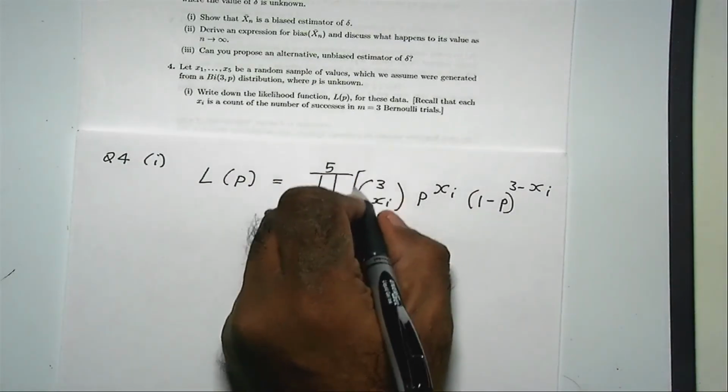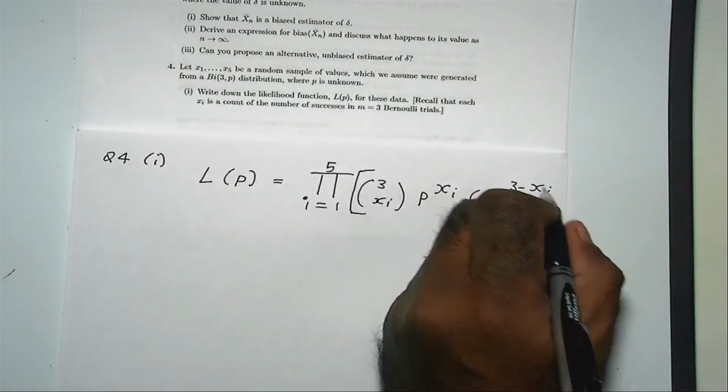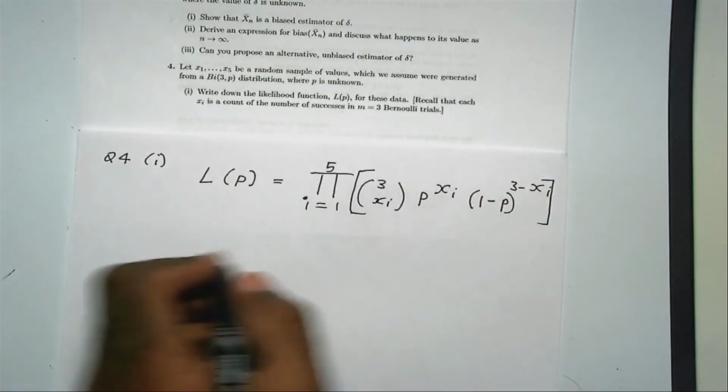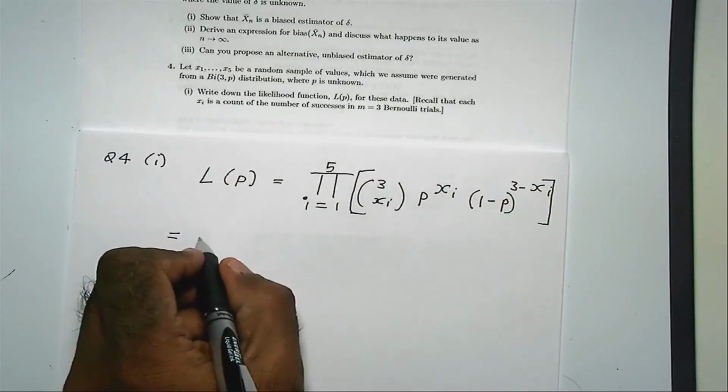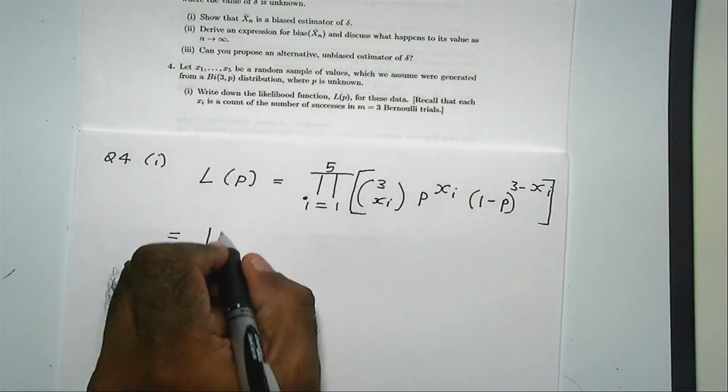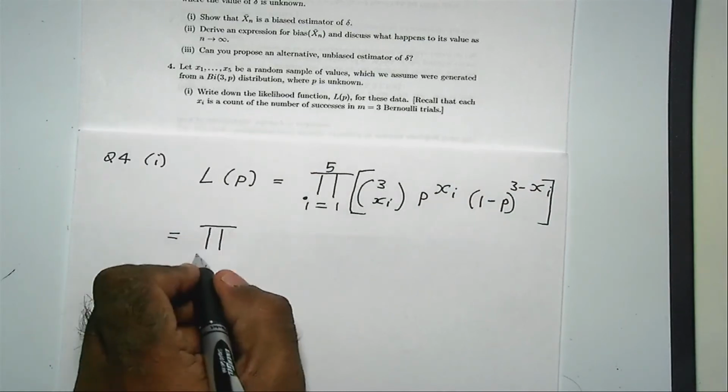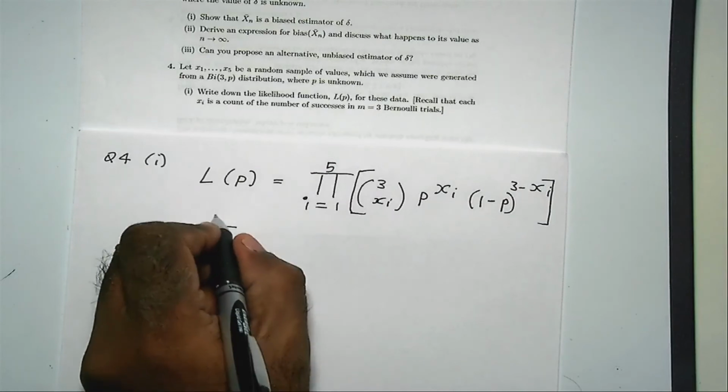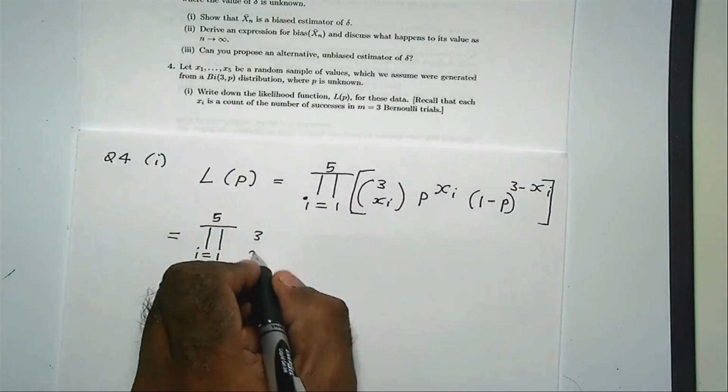And we want to simplify this. Let's see how we can do this. So this is going to be the product, i from 1 to 5.